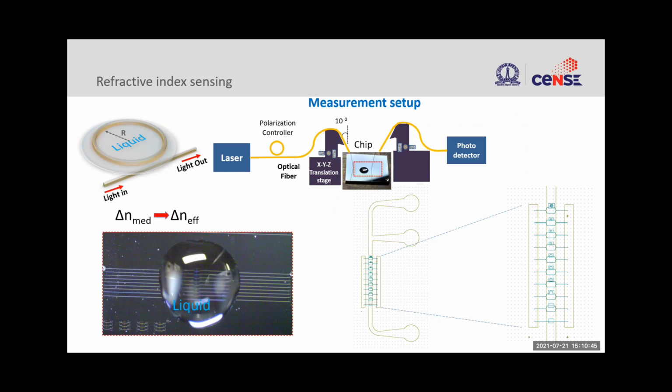You are unable to do that if it is just drop casted. The other problem with drop casting is continuous evaporation. The concentration inside this drop casted volume increases over time, which is something that is artificial.